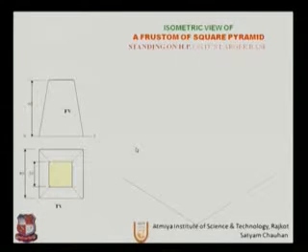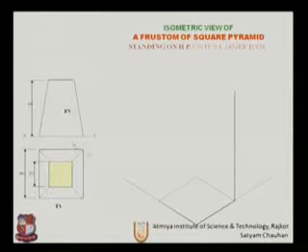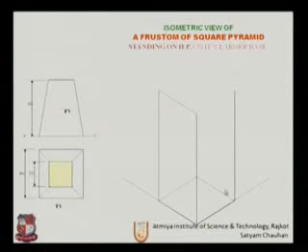Let us draw first the axis and draw a base of this frustum. So the base is this dimension, 40. Since this pyramid has a square base, we need to produce first a cube with the height of 60.